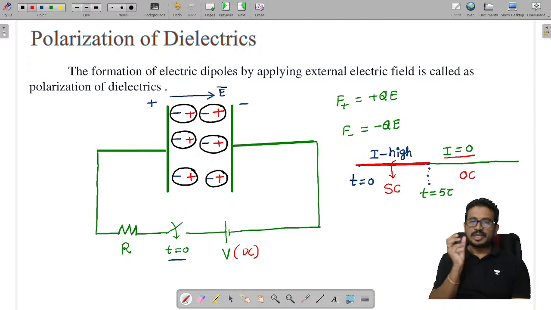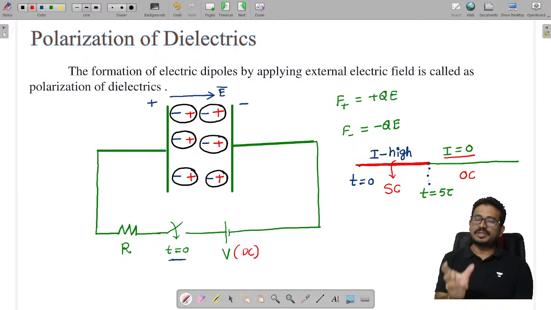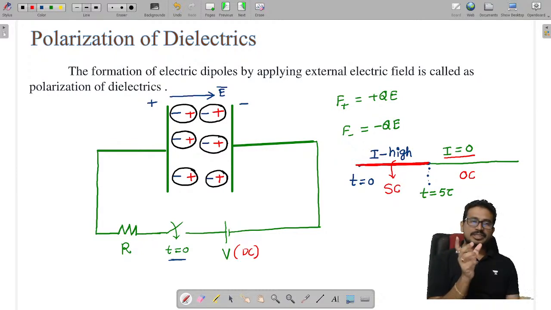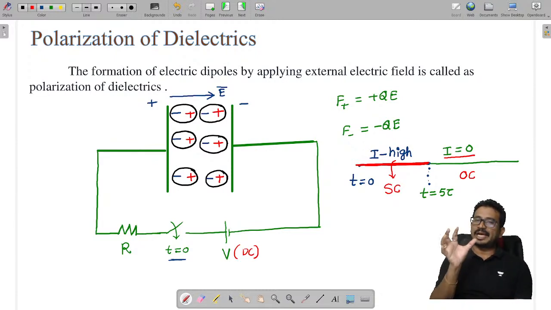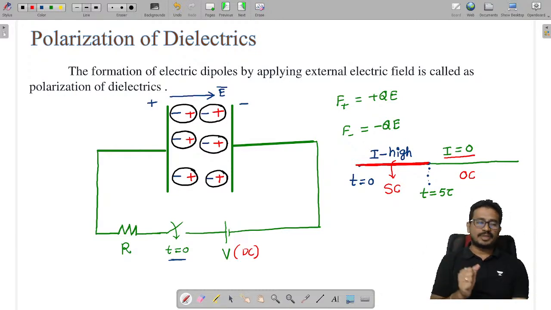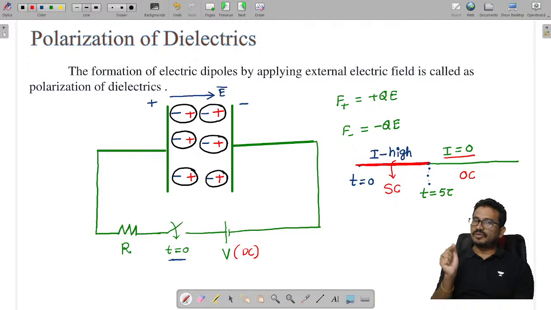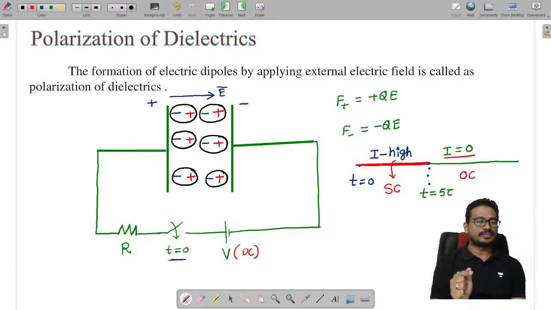Up to this 5 tau there is a flow of charges and a huge, maximum current. That is why we can treat it as a short circuit. After this, no current will flow. If there is no current, we can treat it as an open circuit.